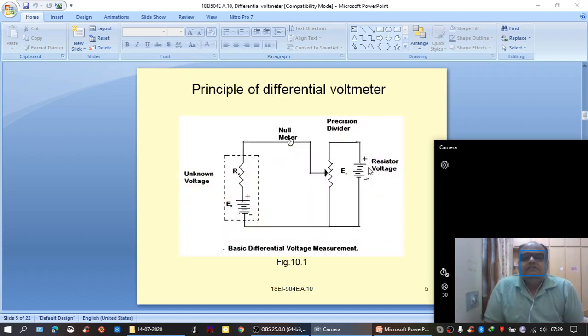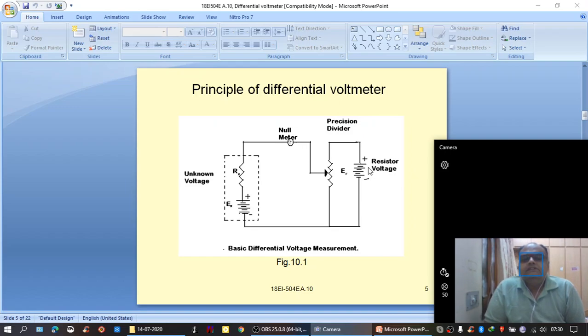Here is the basic circuit arrangement used in a differential voltmeter. As you can see in the circuit, the unknown voltage is connected to the terminals of the differential voltmeter.